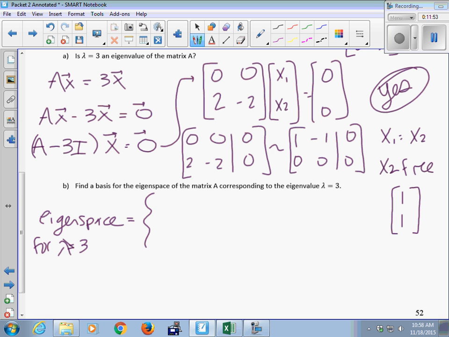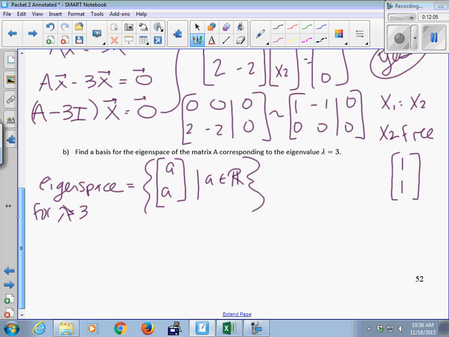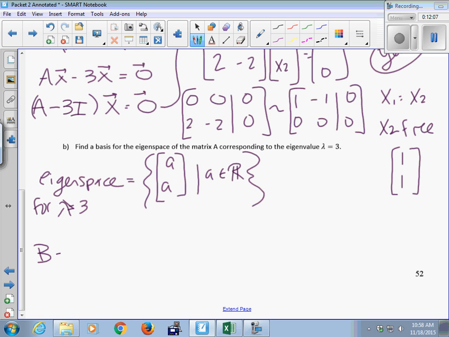Good, thank you. It would look like the set of all vectors that look like a times (1, 1), such that a is any real number. So what would a basis for the eigenspace be?